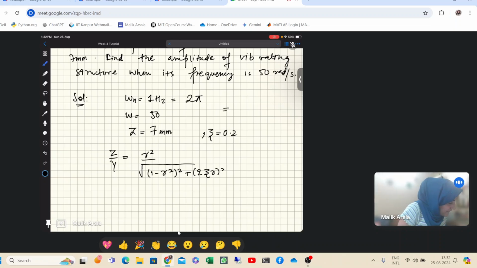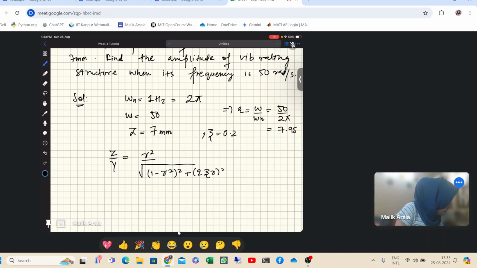So let me find R here. R is omega upon omega n. So that is 50 upon 2 pi, and if you evaluate this, it comes out to be 7.95. I have done it already, you can cross check.